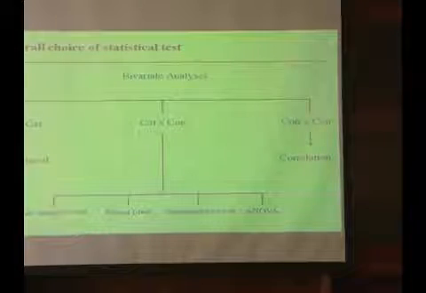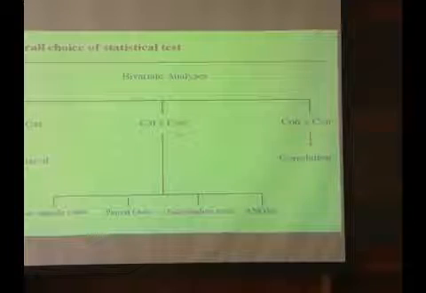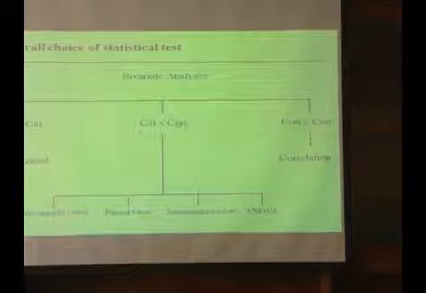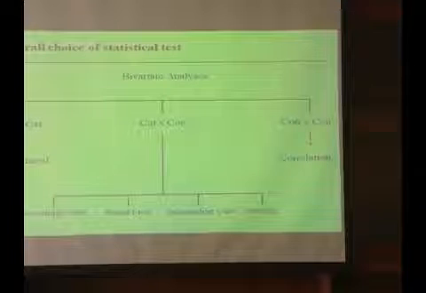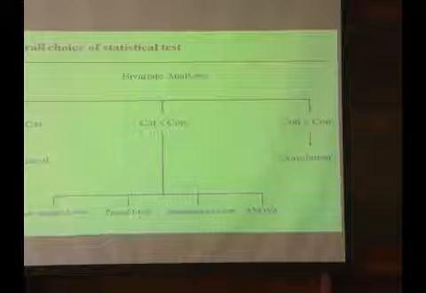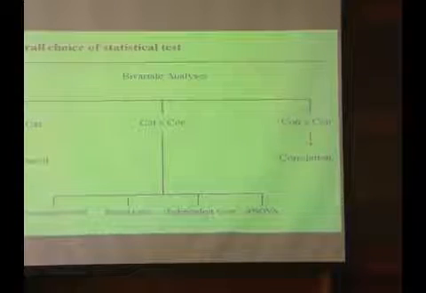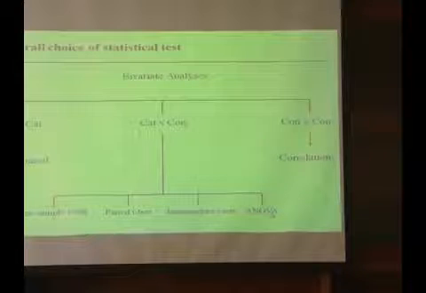And this is where I move to the categorical and continuous variable. And under categorical and continuous variable, I have 4 tests to talk about. One of them is the one sample t-test, another is paired t-test, a third is independent sample t-test, and the fourth is the ANOVA.